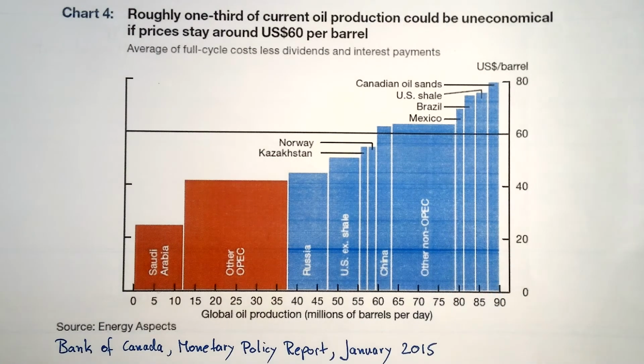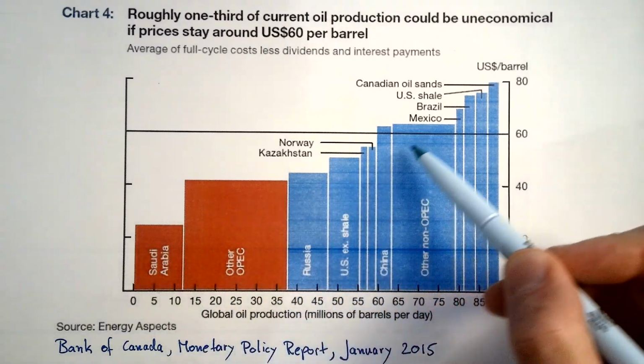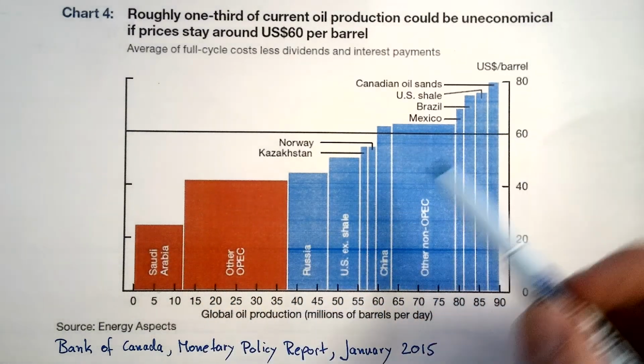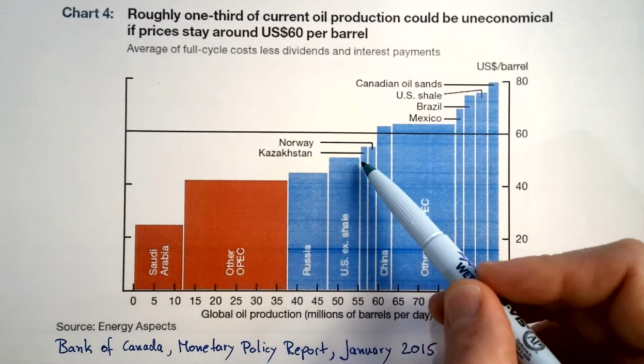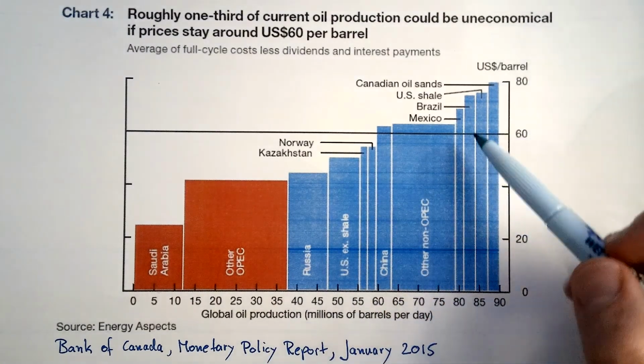Okay? Because intuitively, if you want to produce something like oil, you would go with the cheap sources first, and as you produce more, you would only subsequently go to more expensive sources. And this is what is illustrated in this graph, where you are going from the cheap sources to the relatively more expensive sources.